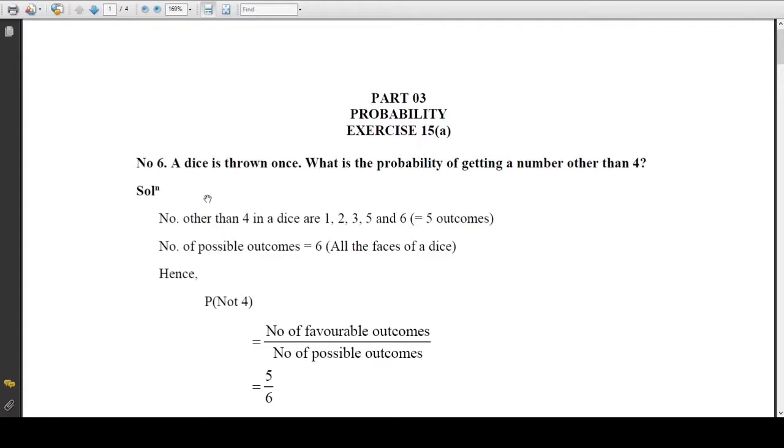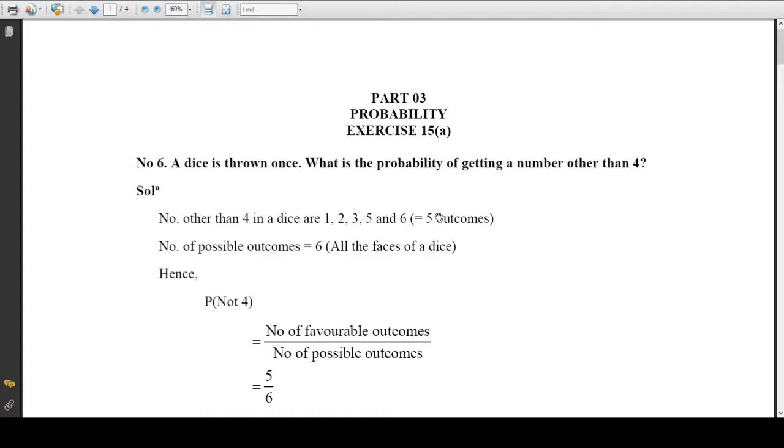Now, what is a dice actually? A dice is a 6-faced cube where all the faces are marked as 1, 2, 3, 4, 5 and 6. Now the probability of getting a number other than 4 means you should get 1, 2, 3, 5 and 6.